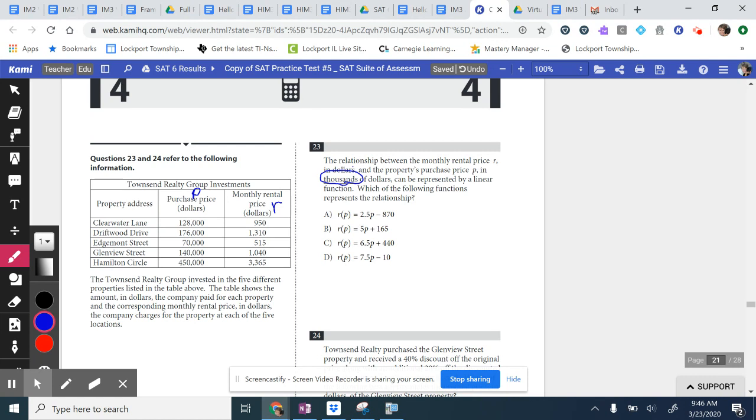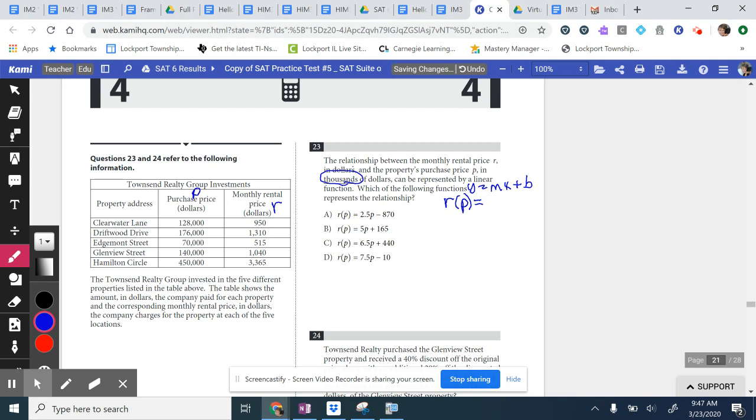So they tell us that this relationship between P and R, the rent that they charge, is a function of the price they paid for the property. And it's linear, so it should look like what we're used to, y equals mx plus b.